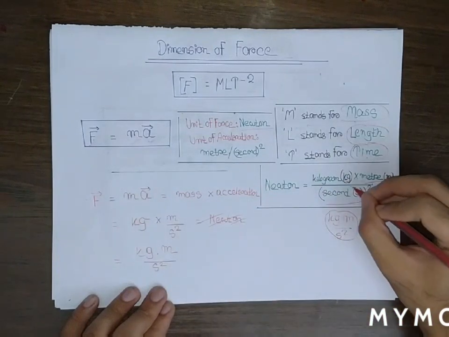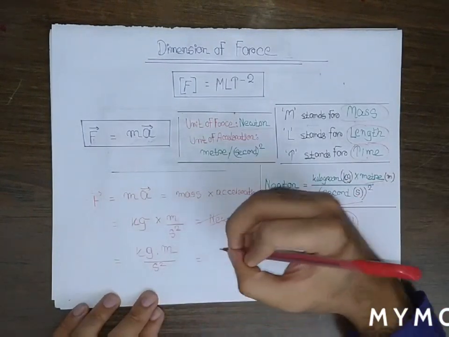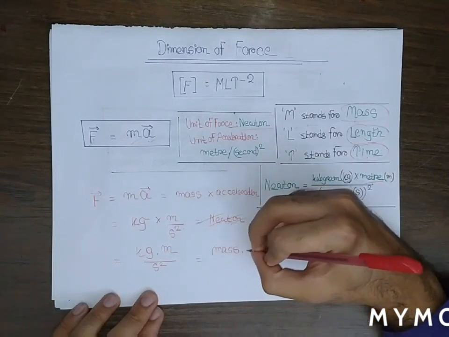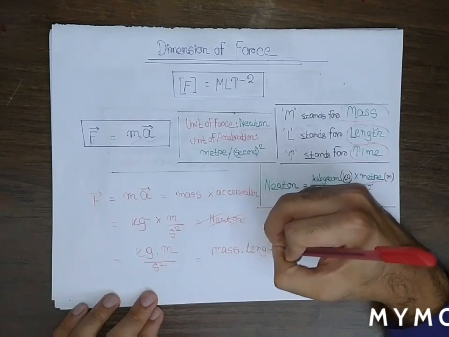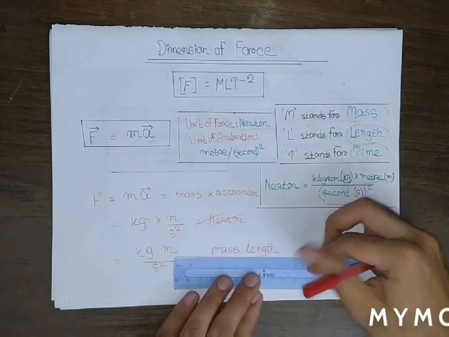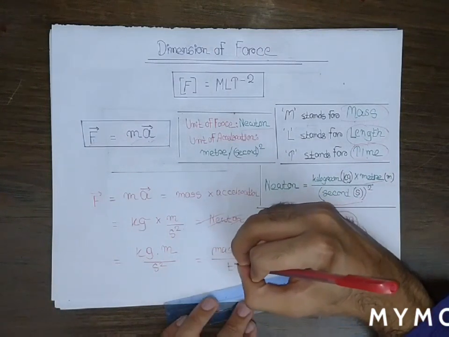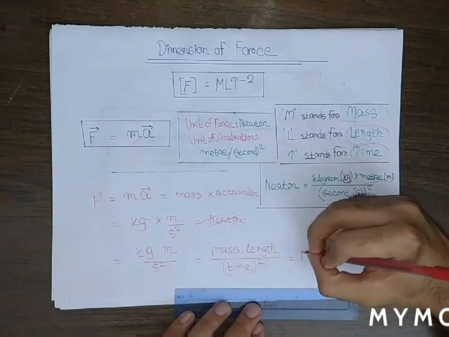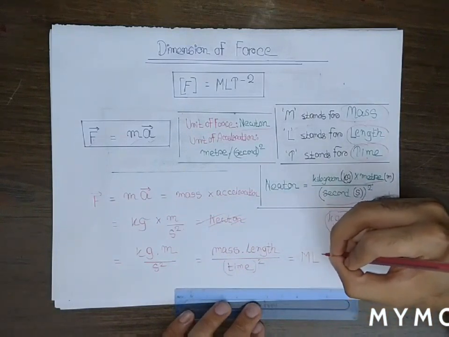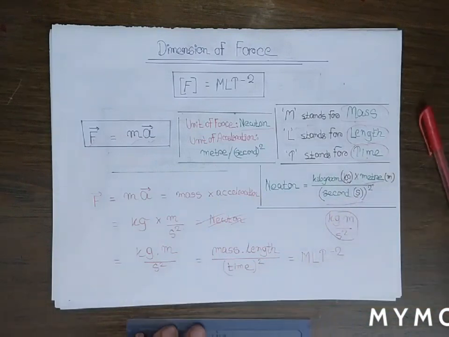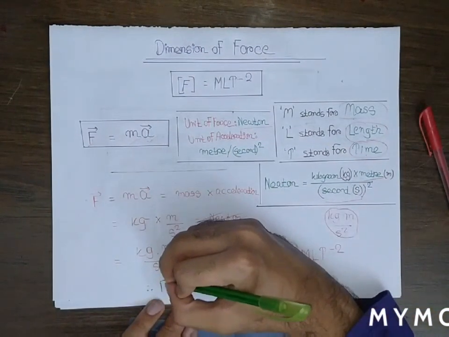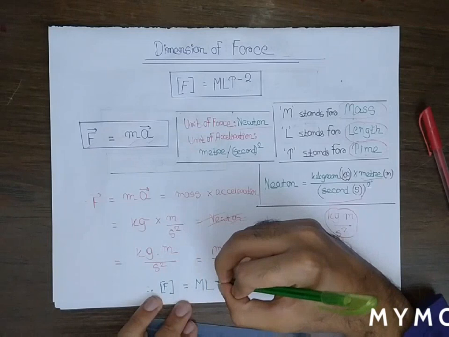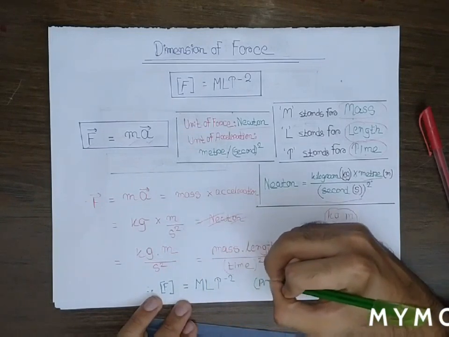This is equal to Newton. And then we can write mass, length divided by time square. So it can be written as M L T inverse 2. So dimension of force F equals to M L T inverse 2. Proved.